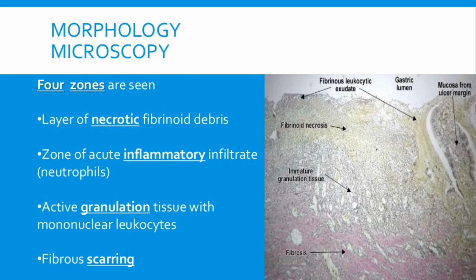If we talk about microscopic morphology of peptic ulcer disease, 4 zones will be seen. Number 1, layer of necrotic fibrinoid debris. Number 2, zone of acute inflammatory infiltrate, also known as neutrophils. Number 3, active granulation tissue with mononuclear leukocytes. And number 4, fibrous scarring.